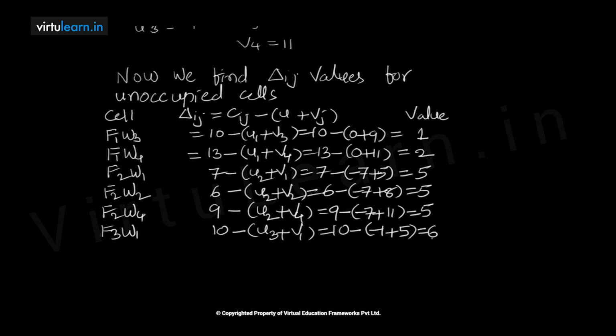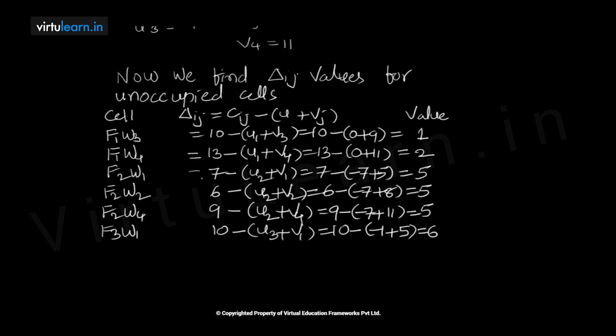Only if you have negative values, say minus 2, that means if you allocate 1 unit into that cell, we could further reduce the cost to the extent of 2 rupees. But since here all positive values have come, even if 0 comes also, we cannot improve that because we cannot reduce the cost. But here all of them are positive values, which means we cannot make any allocation.